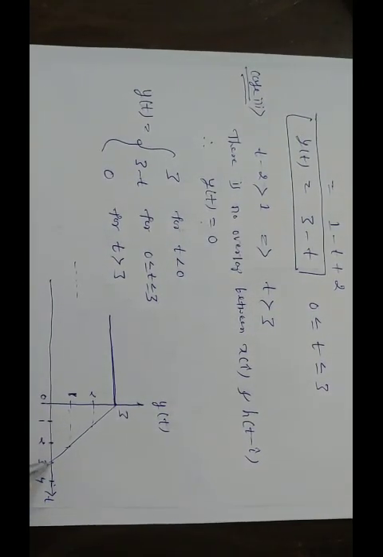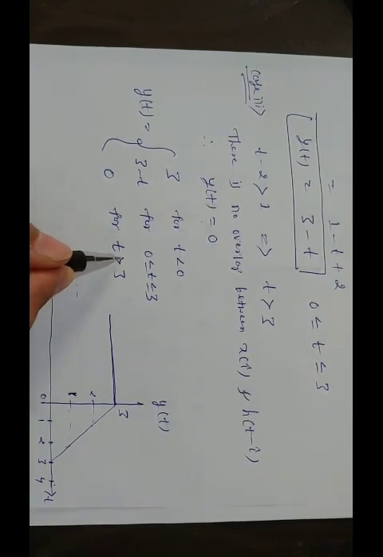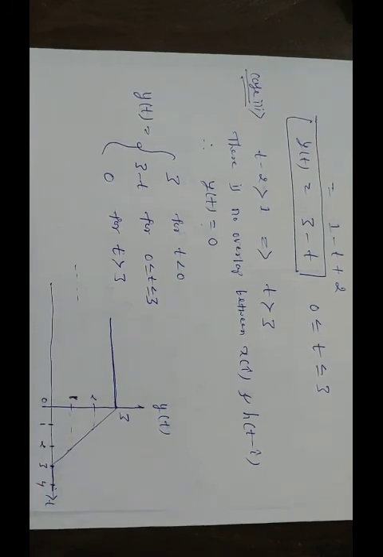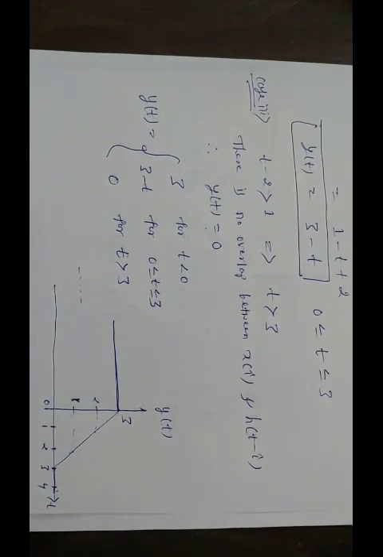Then 3 minus 3 is equal to 0. If the t value is greater than 3, let us take it as 4 or 3.5, its value is 0 after this. So this is the sketch of the y of t signal.